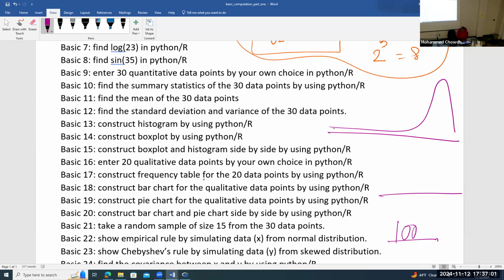This is skewed to the left, and this is skewed to the right. If it is income, there are more poor people than rich people. If this is skewed to the right, fewer people are poor, more people are rich, right?